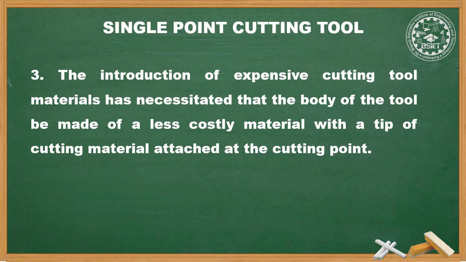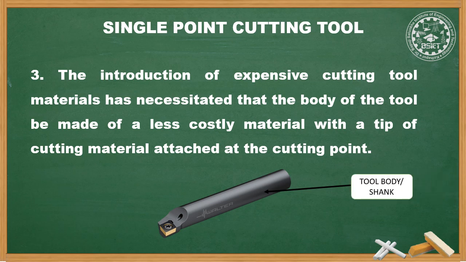The cutting tool shown in the figure consists of a body made of different material, known as the tool body or shank, and the cutting insert used while performing the cutting operation.